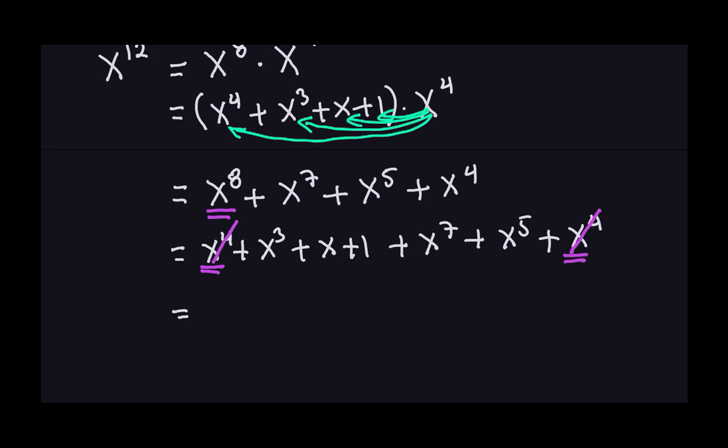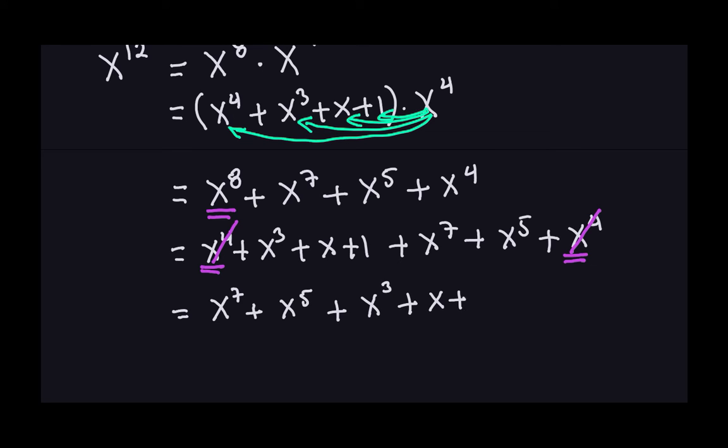So now that I look at that, I don't have any more like terms here. So what I'm going to do is write down this polynomial that is left, and I'm going to organize the powers in decreasing order. So I'm going to write down x to the 7th first, plus x to the 5th is the next power, plus x cubed plus x, and then plus 1.